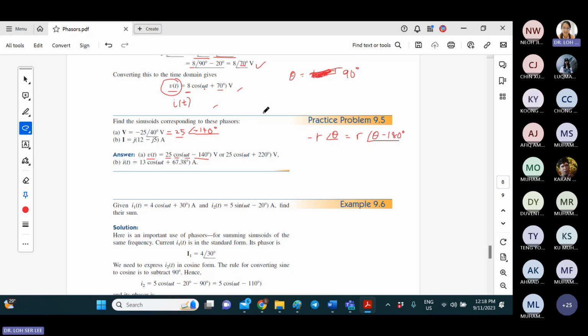Why can we also accept this? Because remember, this is theta positive. From this direction, your theta will be negative. So negative 140 degrees means somewhere here. Negative 140 is here.